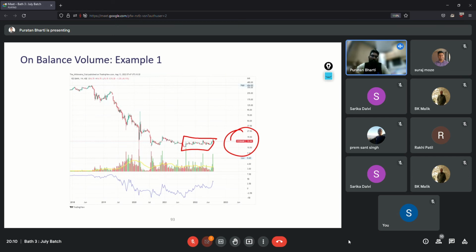However, percentage-wise, the stock has definitely moved from its previous low. But if you just look with the naked eye without zooming in, you will see that the stock doesn't seem to have moved up. However, the on-balance volume seems to be heading very high. That means someone is definitely accumulating.